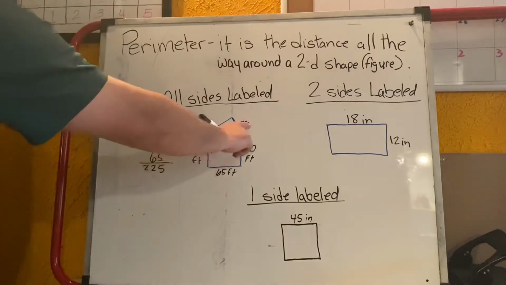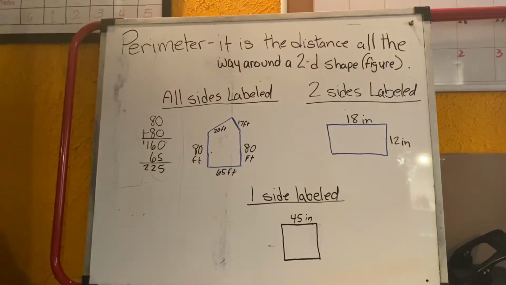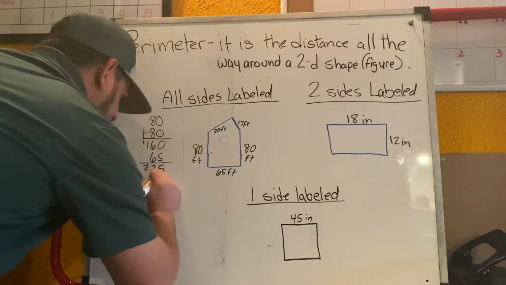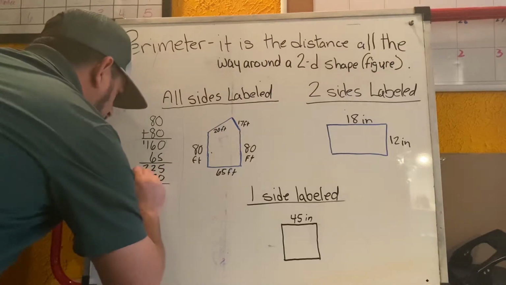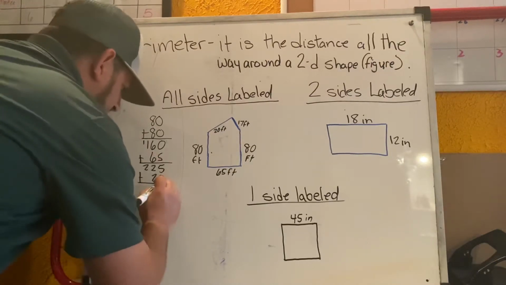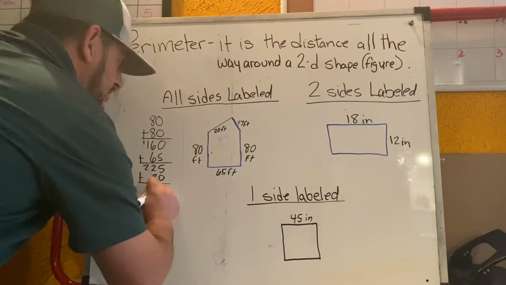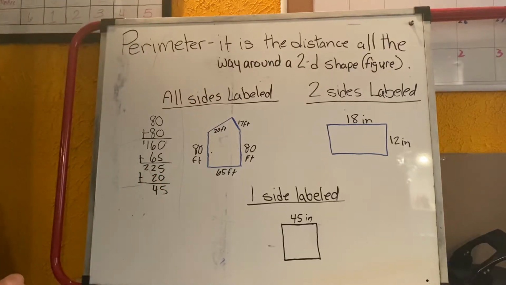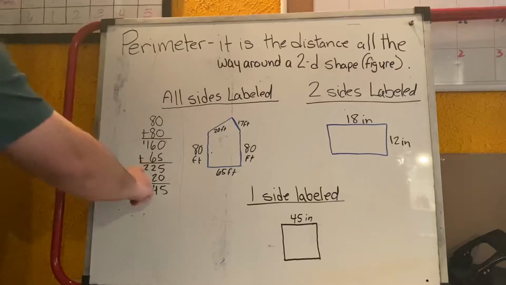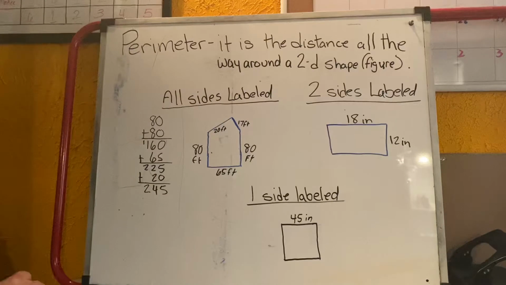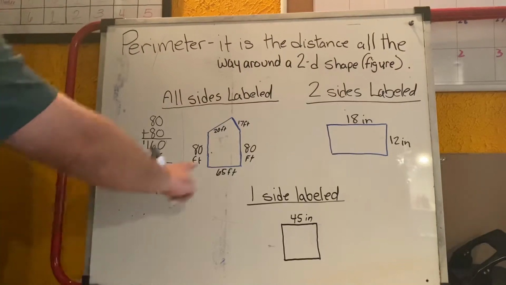I still have two more sides to add on to this. The first one is 20. 5 plus 0 is 5. 2 plus 2 is 4. Now we're just going to bring the 2 down. So far, our perimeter is 245.